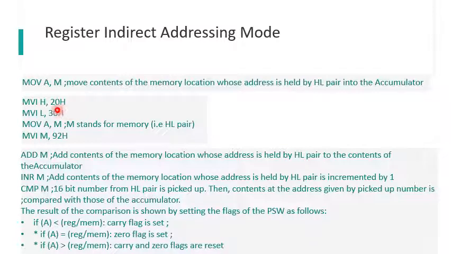Now I will explain the program. After the execution of the first line, the register H will have a value of 20H stored in it, and after the execution of the second line, the register L will have the value of 30H stored in it. So now we have 2030 stored in the HL register pair.